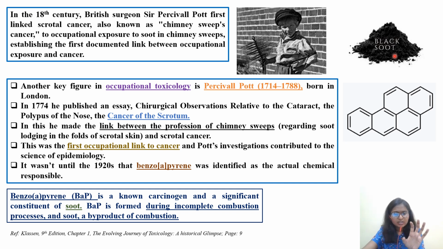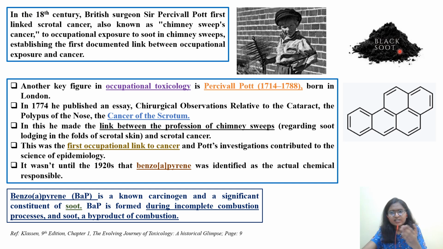But another important thing you have to remember is that it was not until 1920 that benzo[a]pyrene was identified as the actual chemical responsible. Initially they thought that the black soot was causing the cancer. But you have to understand, science keeps evolving and more literature comes.